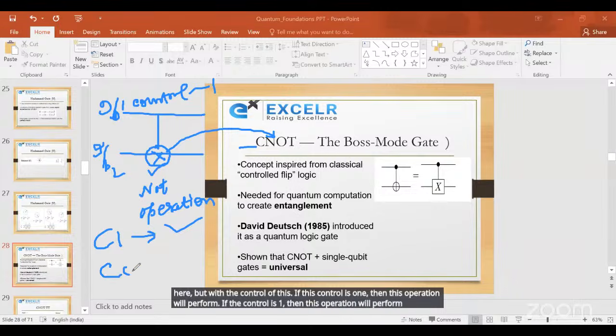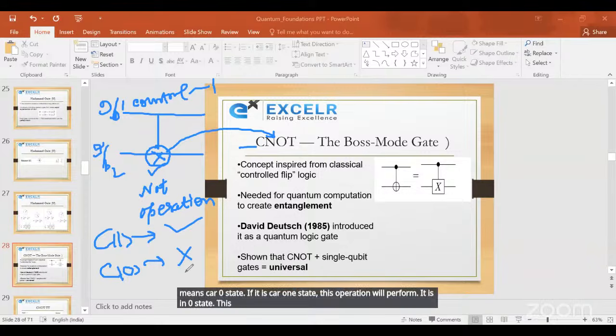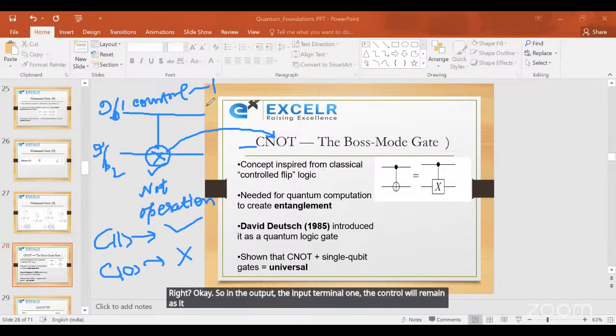If the control is in 0 state, this operation will not perform. So in the output, the input terminal 1, the control, will remain as it is.